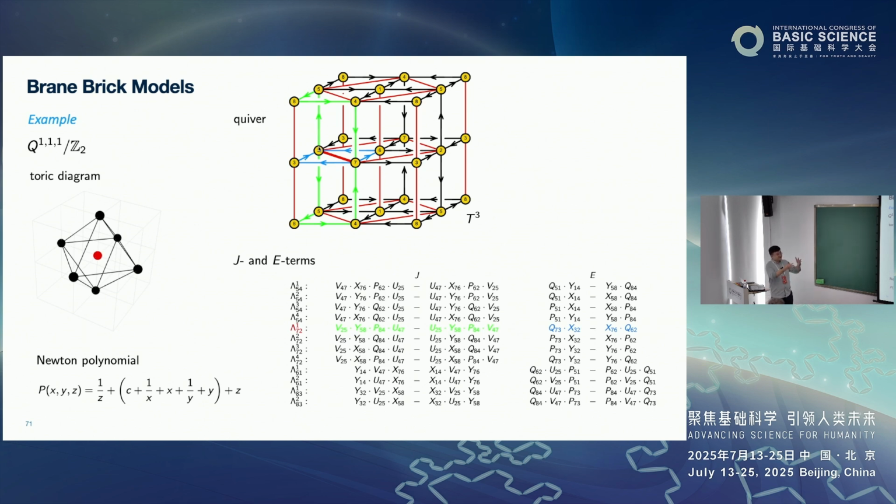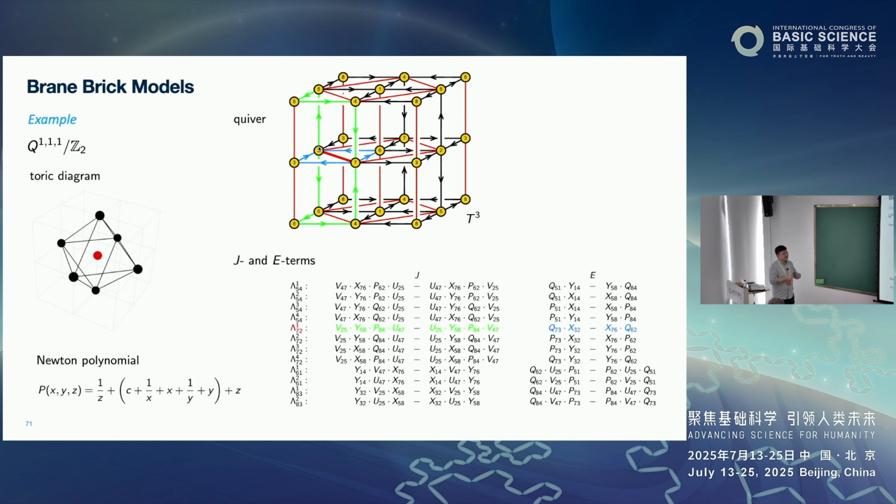So you can see this set of J and E terms identify a set of closed paths in a periodic quiver wrapping the torus. And from a mathematical point of view, you can also write down the associated quiver algebra. The idea here is that that quiver algebra will also be a Calabi-Yau algebra.